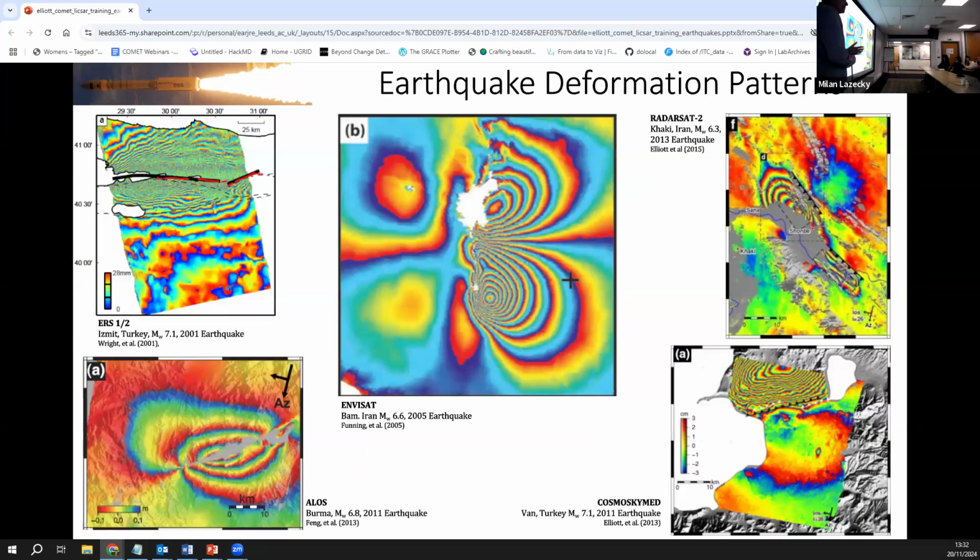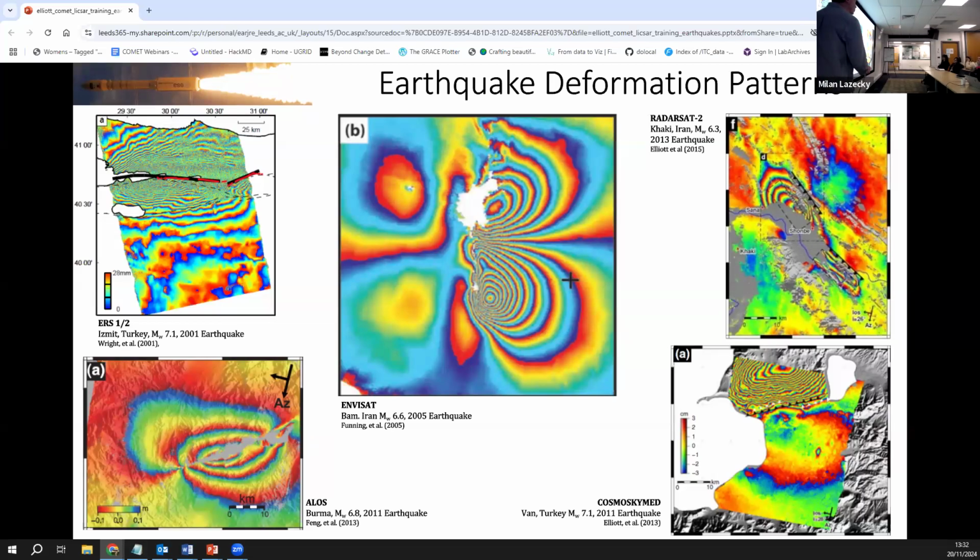And then there are the different satellites you can use. So previously that was different techniques; different satellites have different strengths and weaknesses. Here's ERS of the Izmit earthquake, Envisat of the deadly Bam earthquake in 2003. These are European Space Agency C-band missions, so their wavelength is 5.6 centimeters. There's also RadarSat-2, a Canadian, more commercial platform.